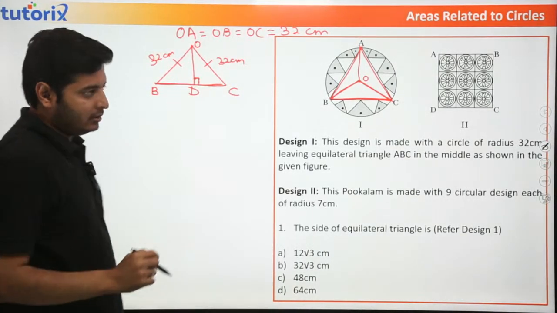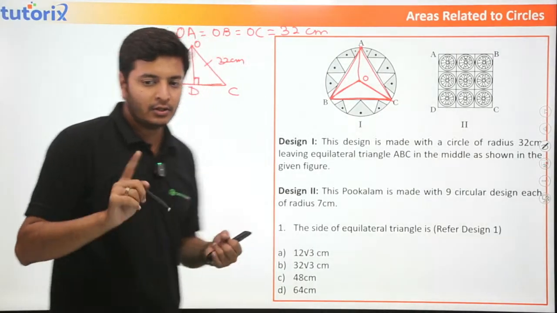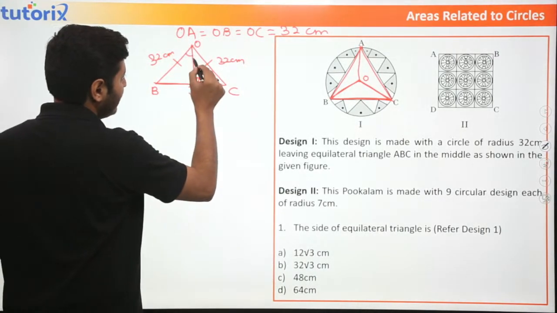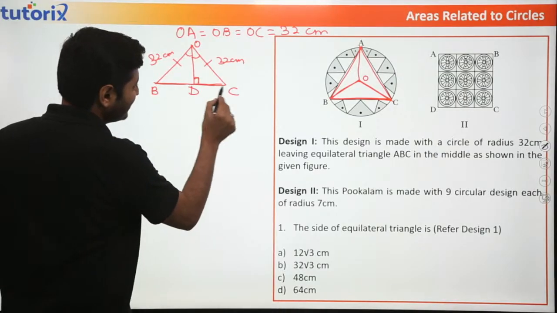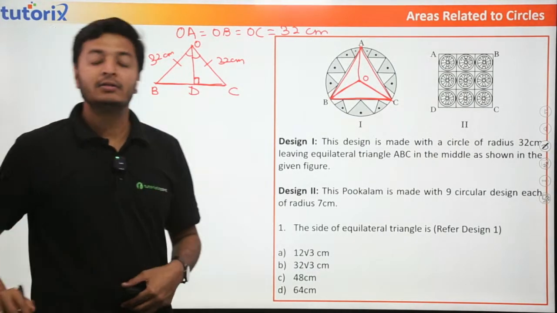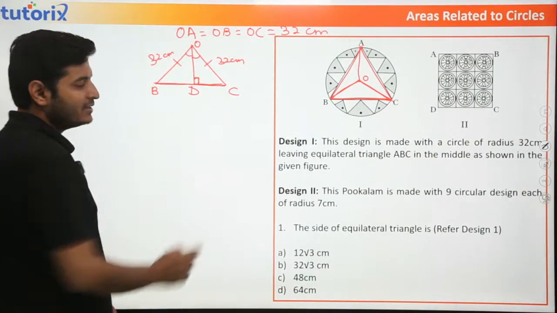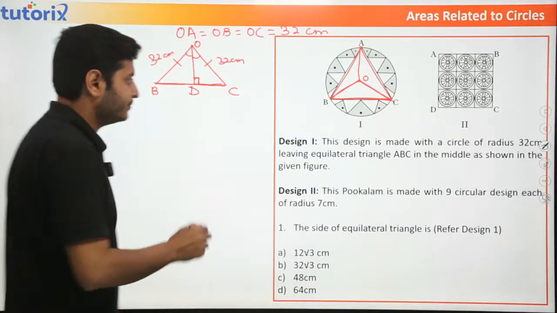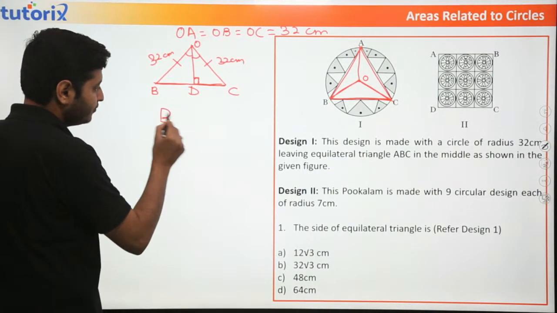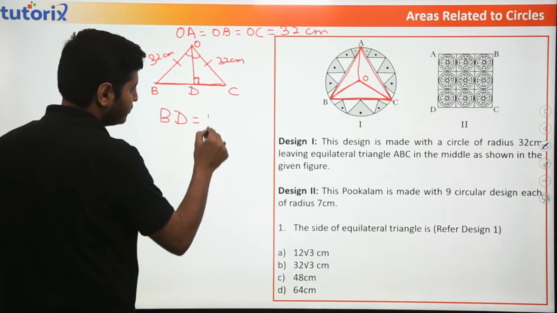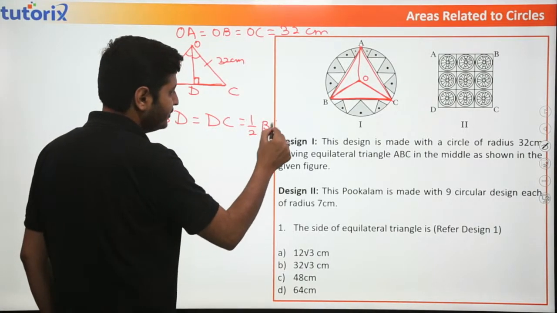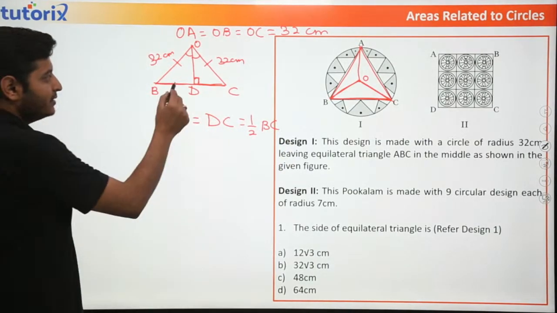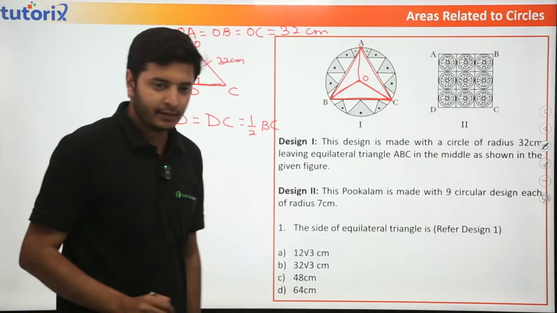Now, in equilateral triangle, the perpendicular is also angle bisector and also bisects the third side. So it means BC has been divided in two equal parts. So BD is equals to DC is equals to half of BC. These parts are equal. Correct.